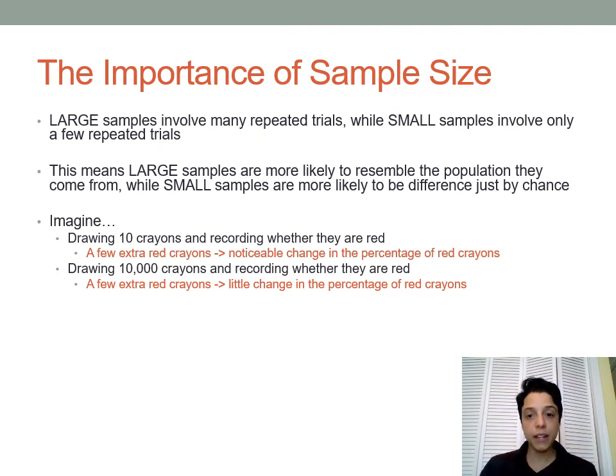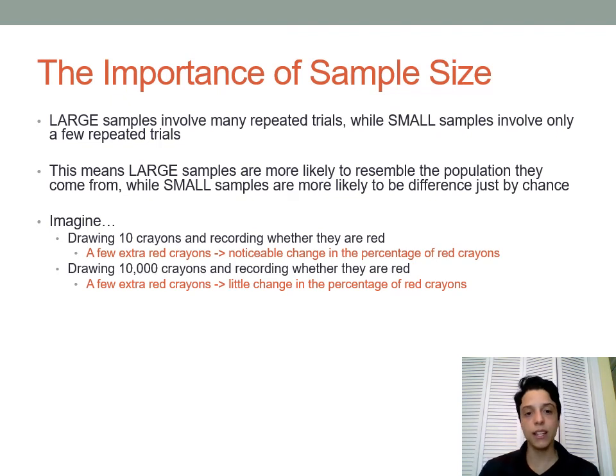And so adding those 3 extra red crayons into your 800 out of 10,000 red crayons isn't going to change anything. 800 out of 10,000 or 803 out of 10,000, it's basically the same percentage. So when you have a lot of events, having a couple of unlikely events happen isn't likely to change what your overall pattern of outcomes looks like.